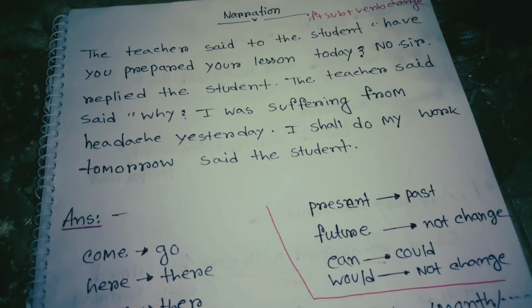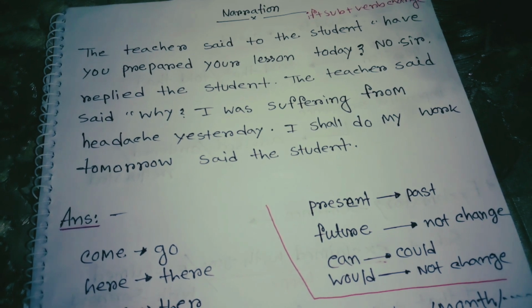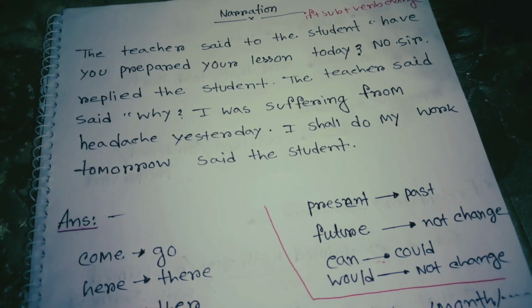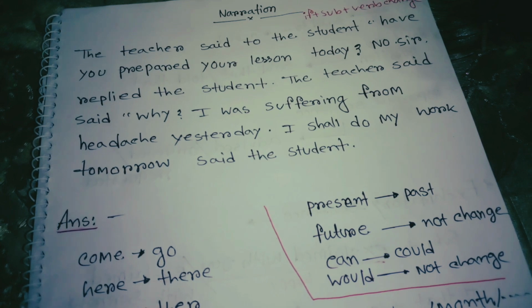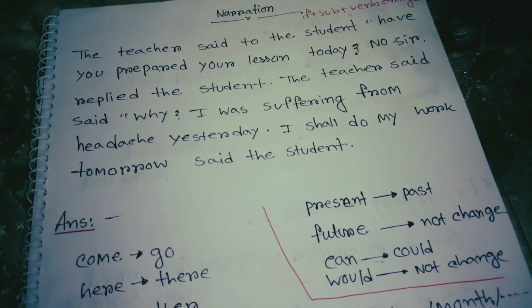So, in this question, the teacher said to the student, "Have you prepared your lesson today?" When I read the first line, I realized that the teacher asked a question to the student.